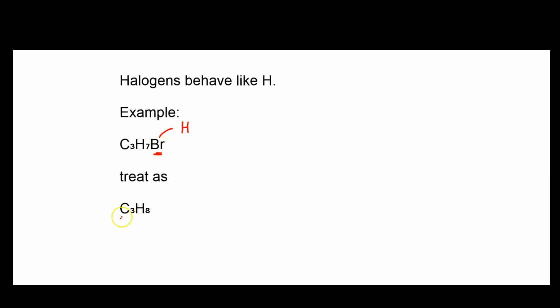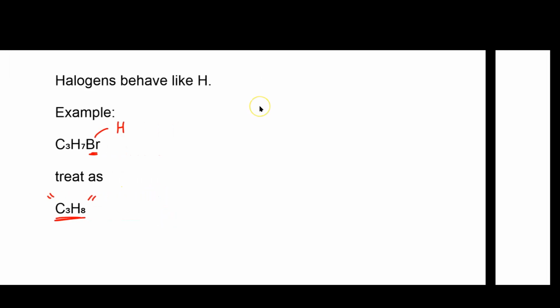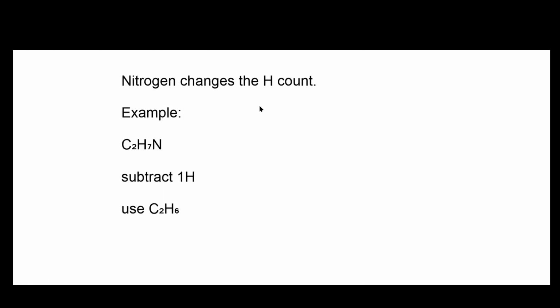So C₃H₆Br is treated as C₃H₇ when calculating DU. Nitrogen changes the hydrogen count in the opposite way. For each nitrogen, subtract 1 hydrogen before using the shortcut formula, which is DU equals C minus H over 2 plus 1. For example, C₂H₇N is treated as C₂H₆ because 7 minus 1 equals 6 for the DU calculation.